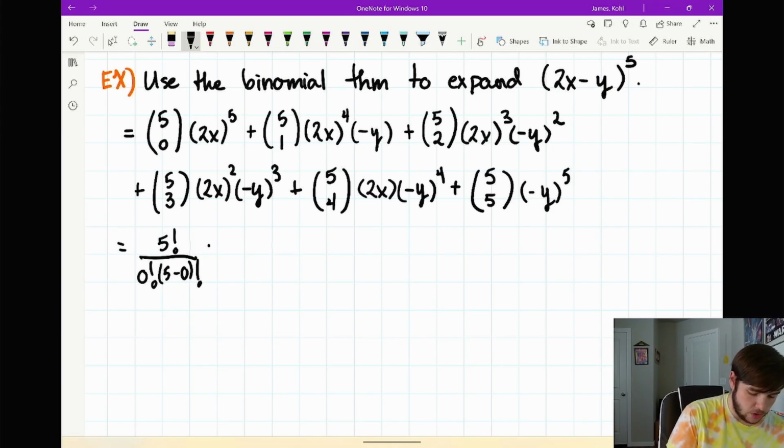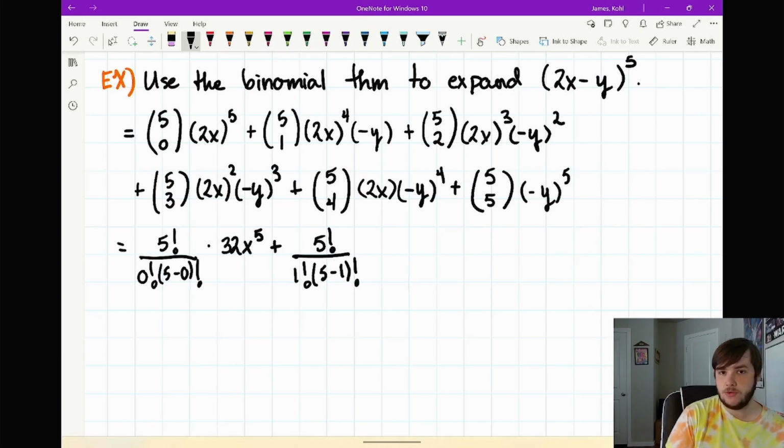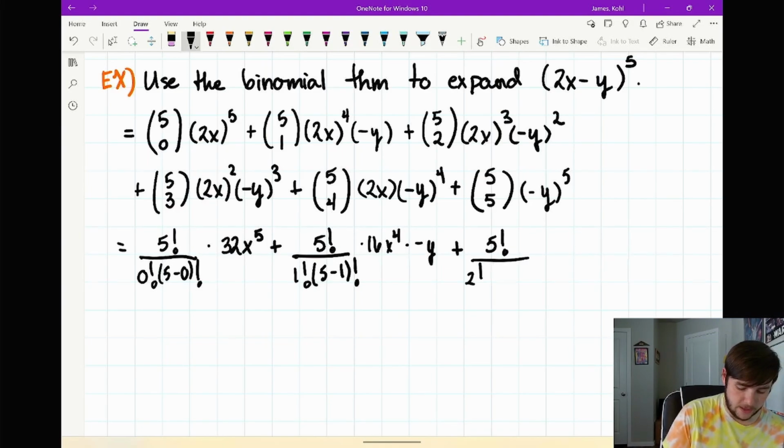But then I get 2x to the 5th, which is 32x to the 5th, plus 5 factorial over 1 factorial, 5 minus 1 factorial, times 2x to the 4th is 16x to the 4th, times negative y, plus 5 factorial over 2 factorial, times 5 minus 2 factorial. 2x cubed is 8x cubed, times negative y squared is y squared.